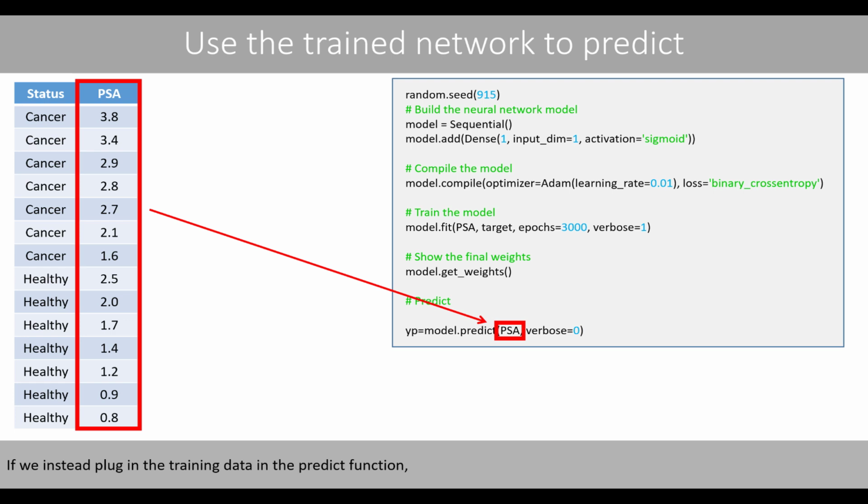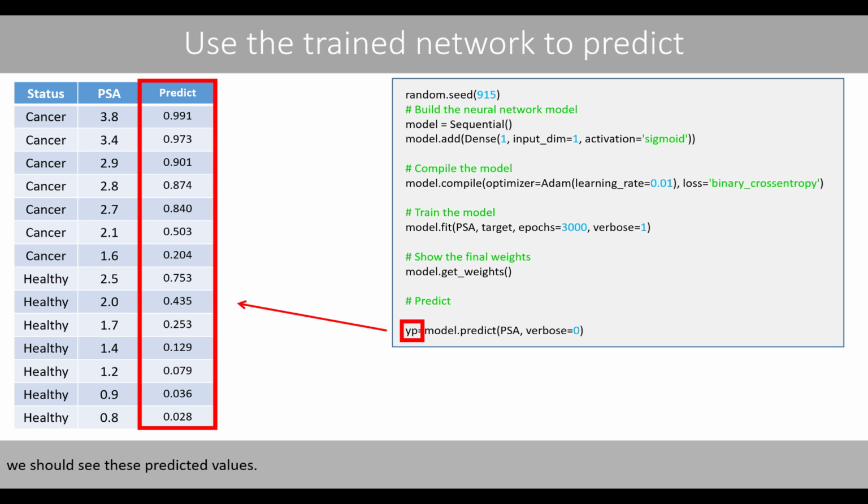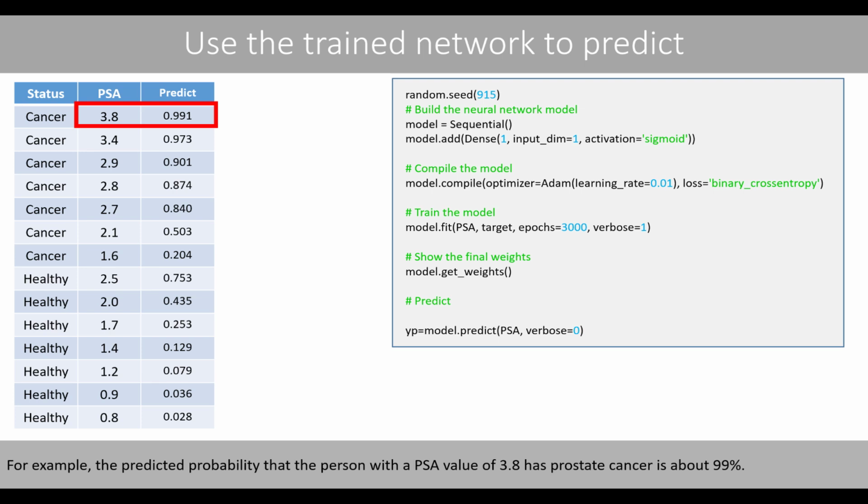If you instead plug in the training data in the predict function and run this code and print the output, we should see these predicted values. For example, the predicted probability that a person with a PSA value of 3.8 has prostate cancer is about 99%.